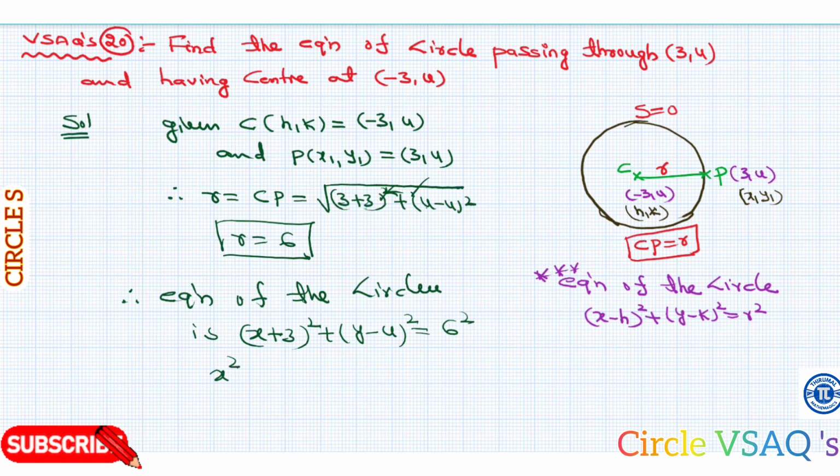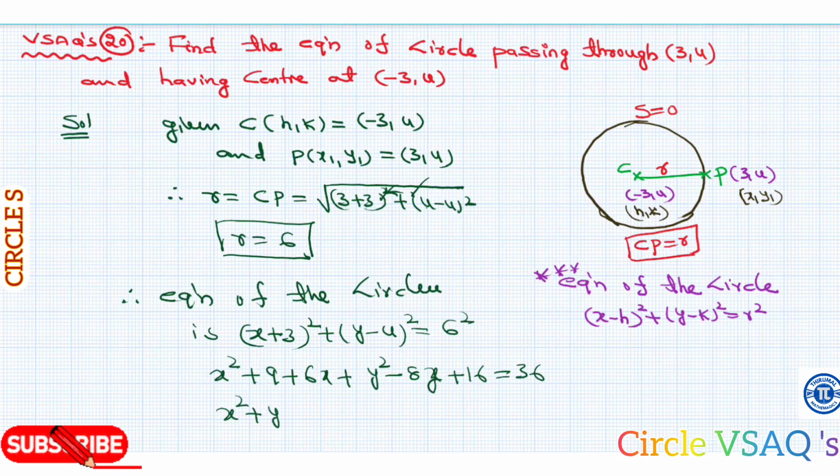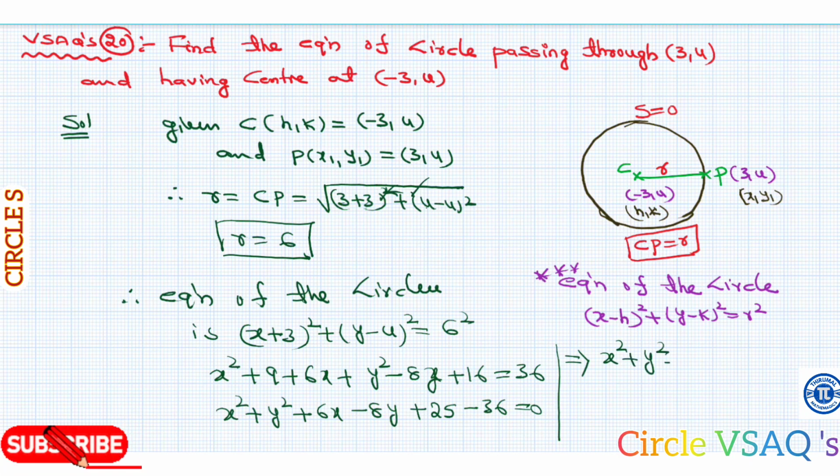So we get x square plus 9 plus 6x plus y square minus 8y plus 16 equal to 36, 6 square. Okay, so x square plus y square plus 6x minus 8y plus 25 minus 36 equal to 0. Then we get the equation of the circle is x square plus y square plus 6x minus 8y, constant 25 minus 36 is minus 11, equal to 0.